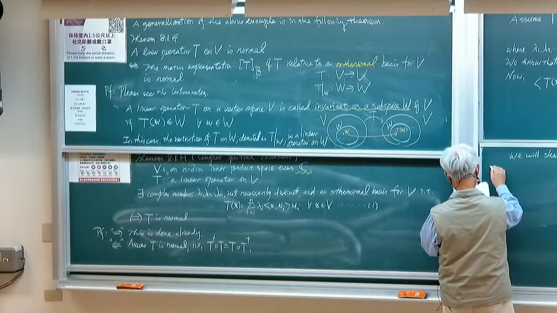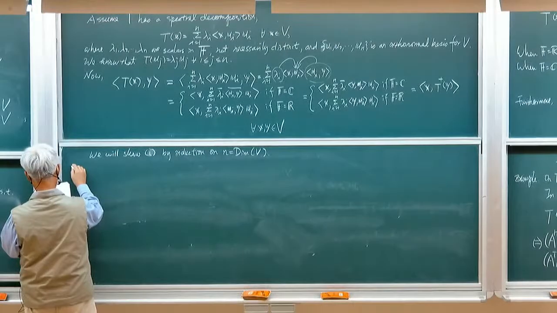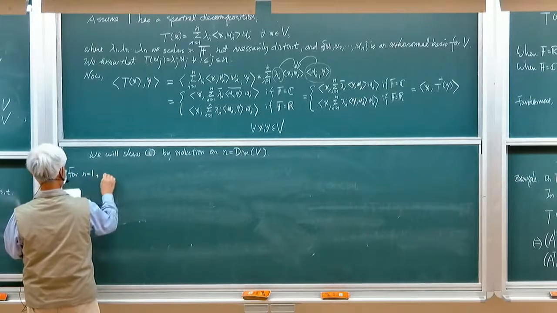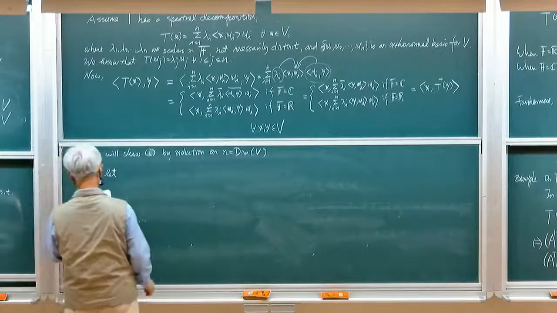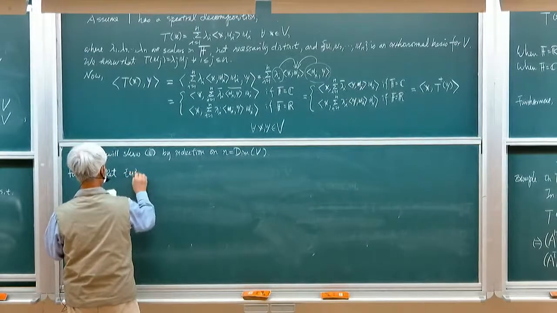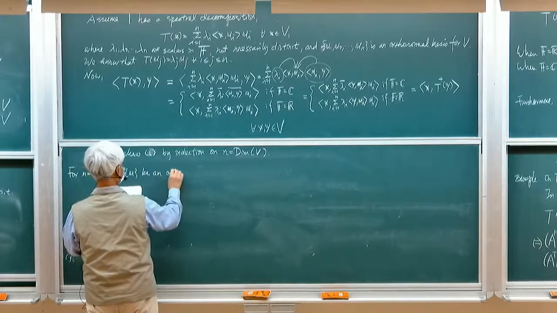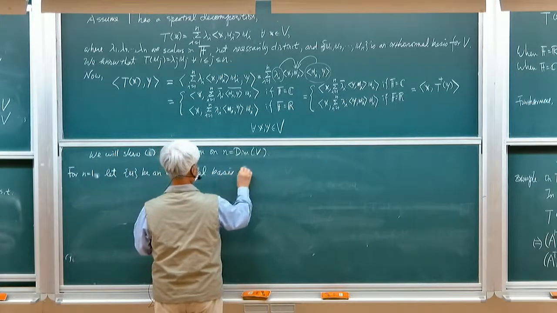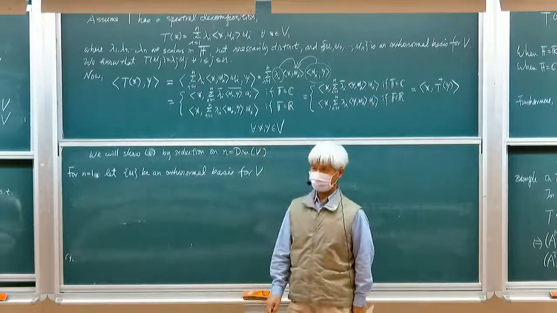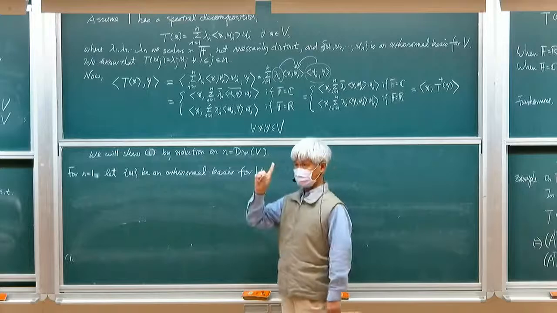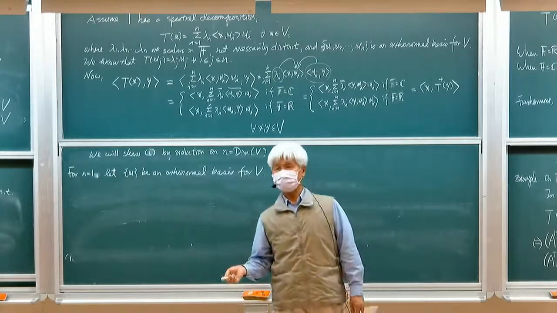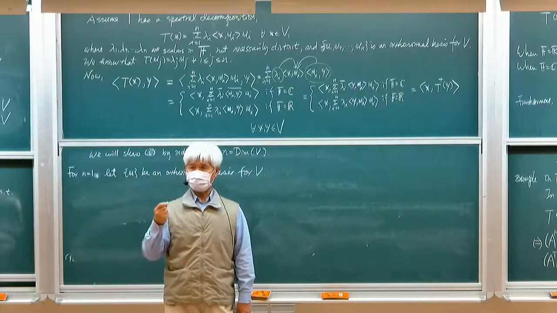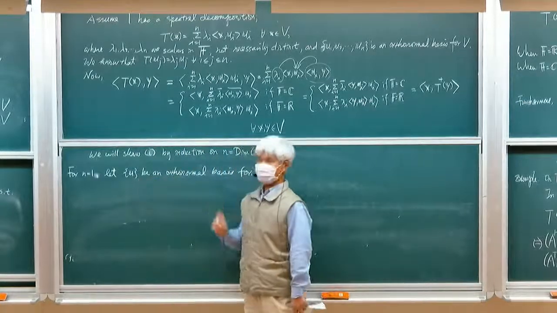All right. So now for n equal to 1, we let u be an orthonormal basis for V. Because it's one-dimensional, and we proved in chapter 7 that every finite-dimensional inner product space has an orthonormal basis.